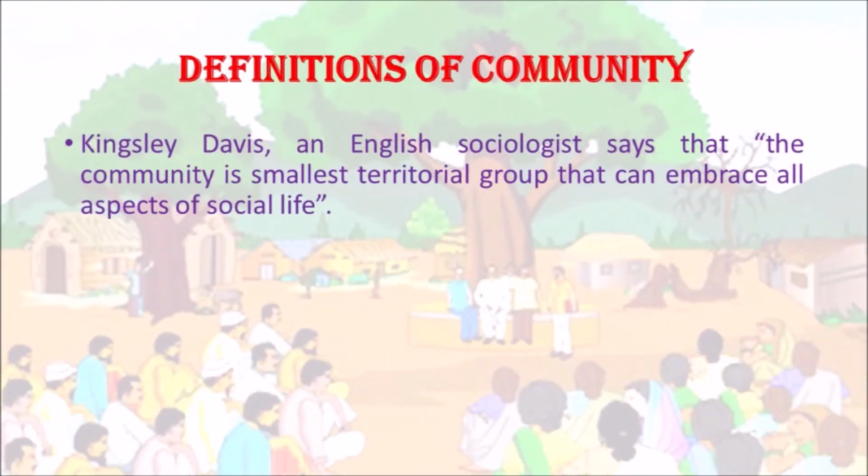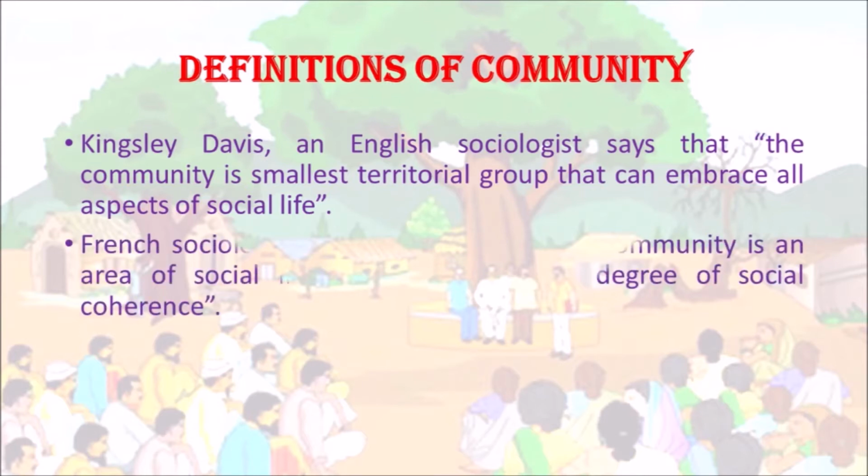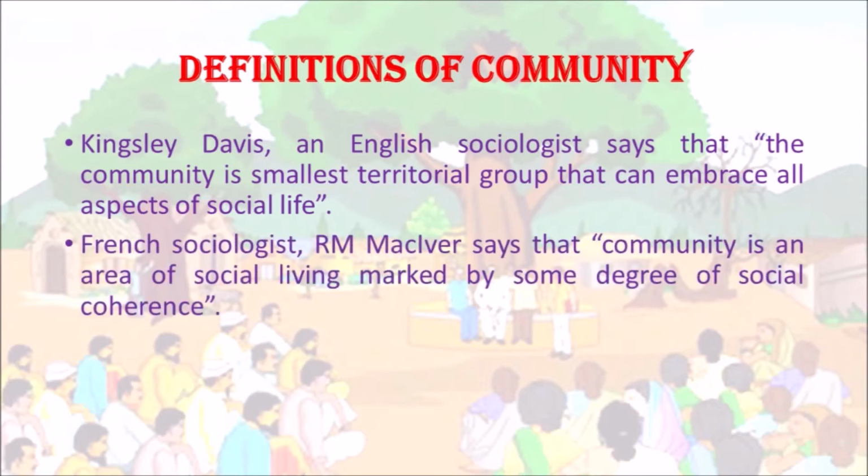Kingsley Davis, an English sociologist, says that the community is the smallest territorial group that can embrace all aspects of social life. A French sociologist, R. M. McIver, says that community is an area of social living marked by some degree of social coherence.